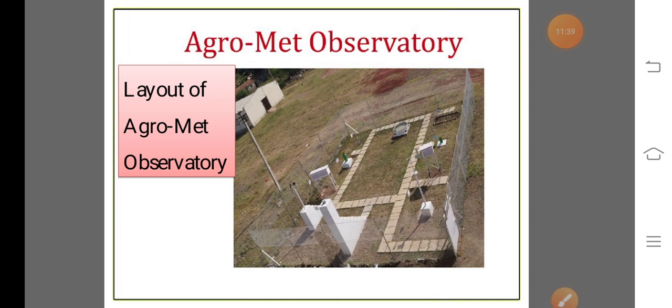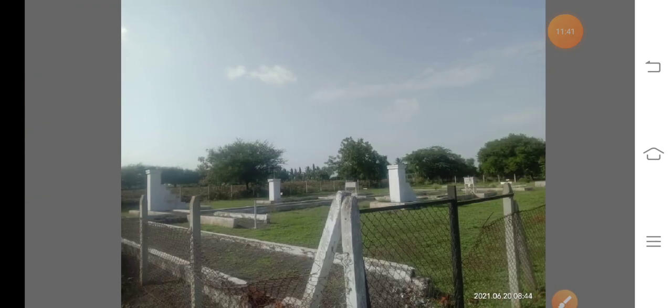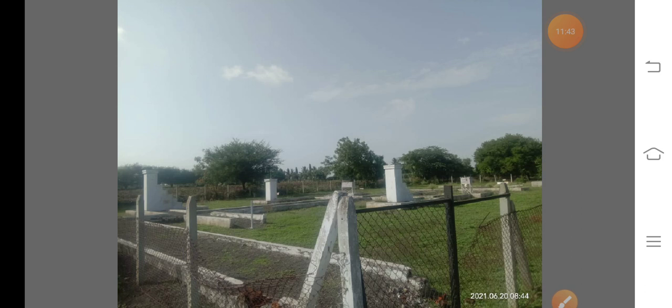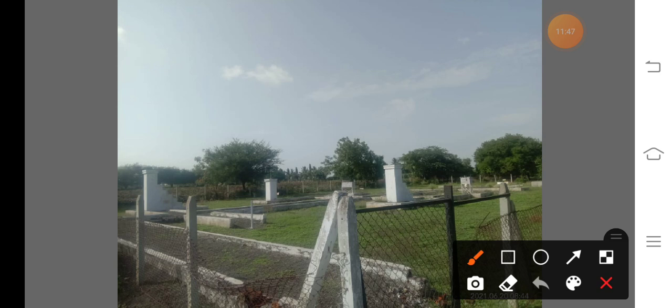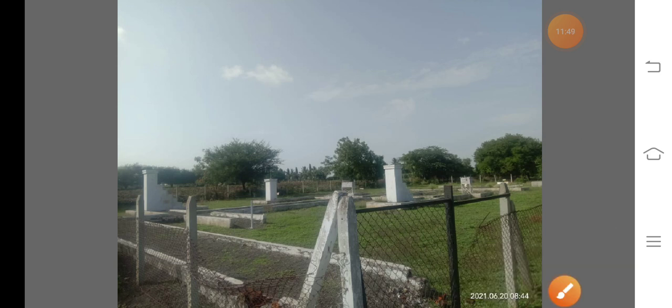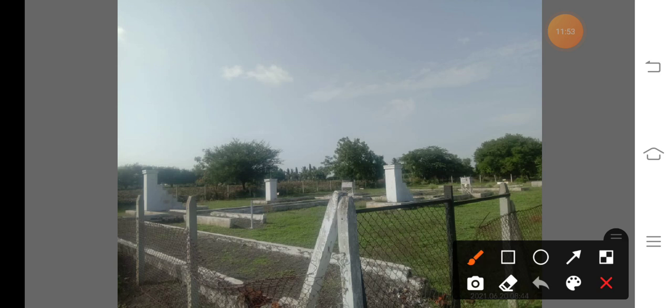Now we discuss the next point. See here, this is our college Agromet observatory in our college campus, and this observatory also has different instruments installed for recording different weather parameters.